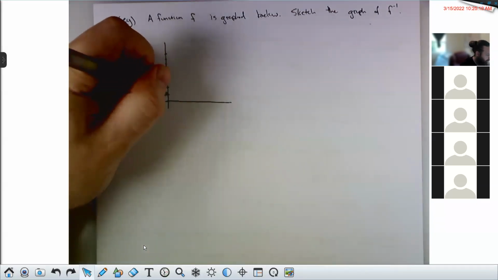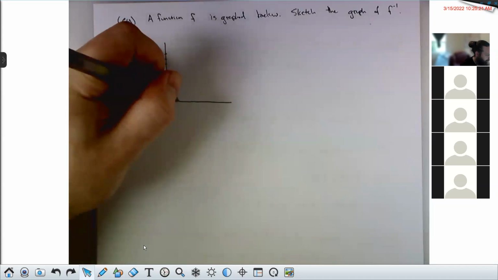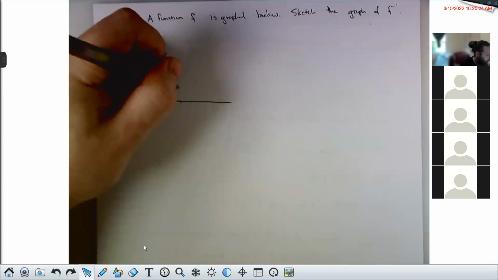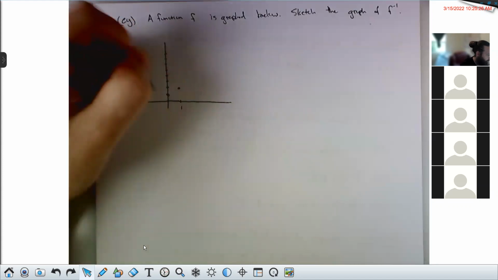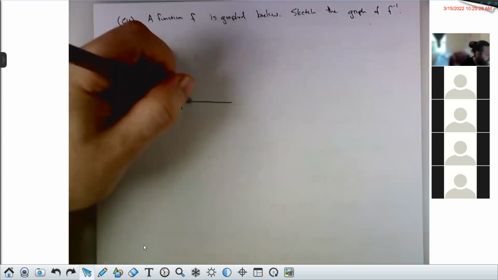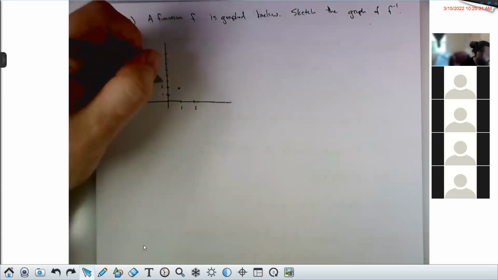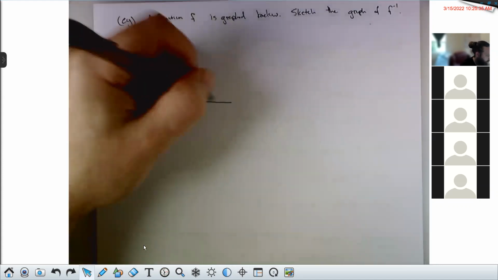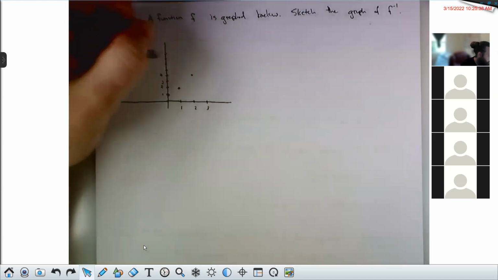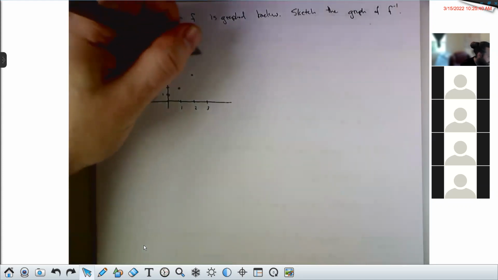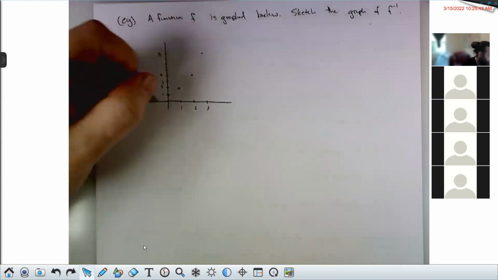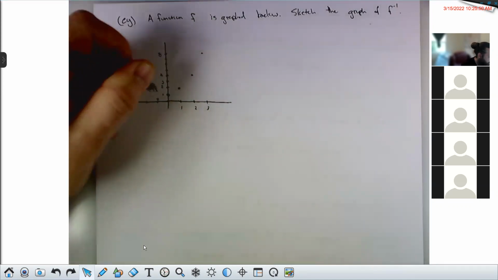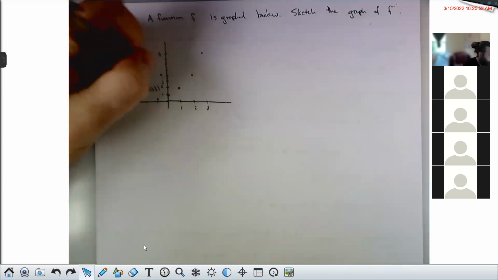And let's keep it simple. How about (0, 1), (1, 2), (2, 4), (3, 8). And over here, let's say this point is (-1, 1/2). And we'll do something like this.